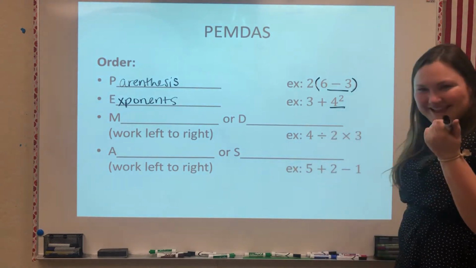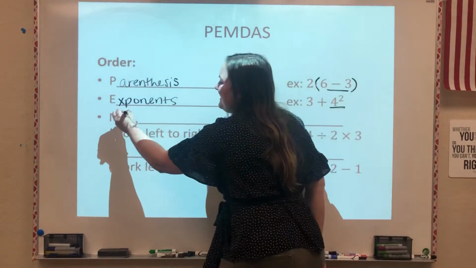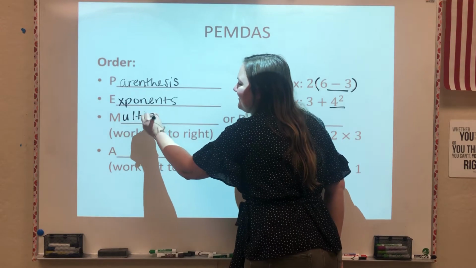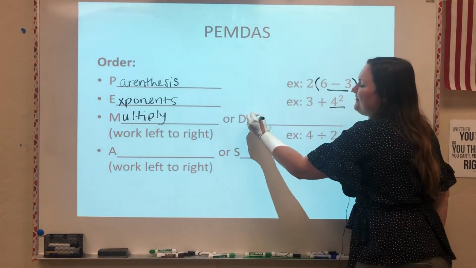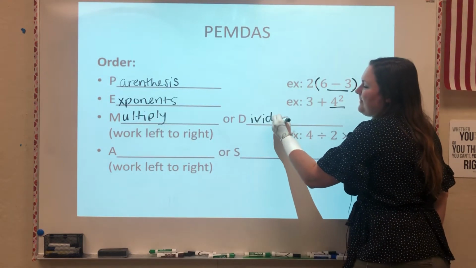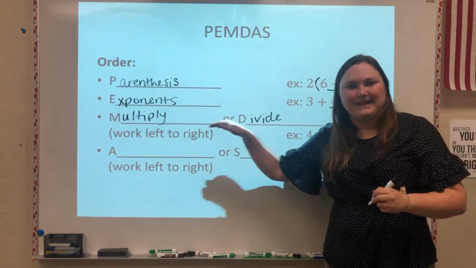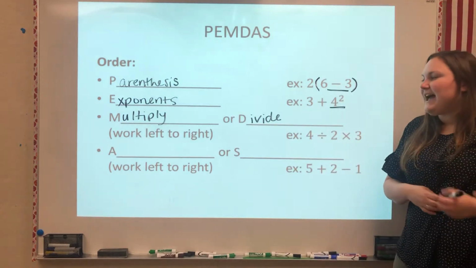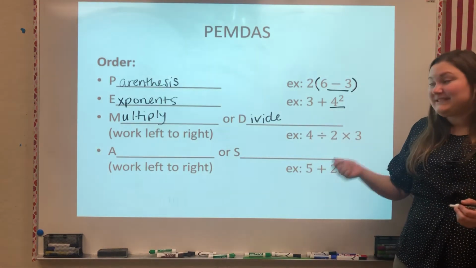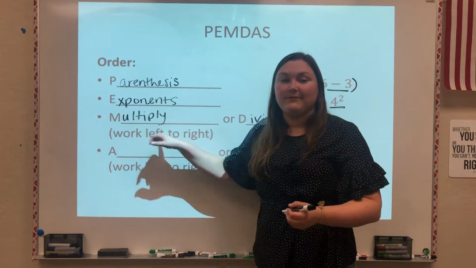You can probably guess these two. That is going to be multiply or divide. For multiply or divide, notice I've got them in the same line. The reason for that is because they happen in the same step, and you are going to do them from left to right.